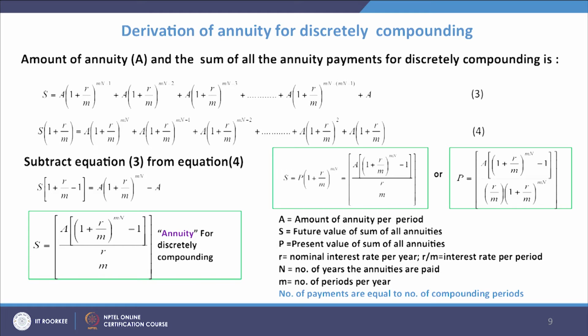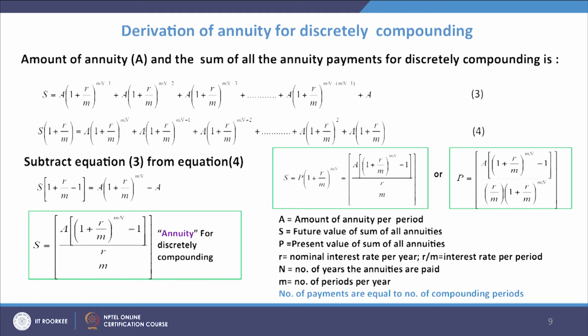Then we add up the equations 3 and 4, it becomes S into (1 plus R by M minus 1) is equal to A(1 plus R divided by M)^(mn) minus A, and S is equal to A[(1 plus R by M)^(mn) minus 1] whole divided by R by M. And if I replace the value of S with P(1 plus R by M)^(mn), then P becomes this.